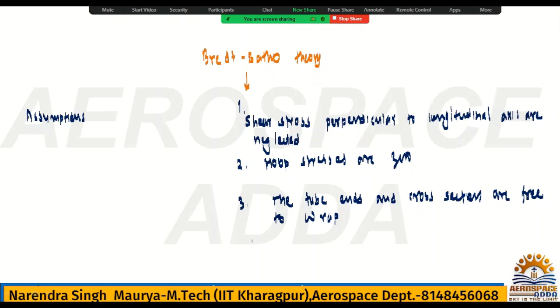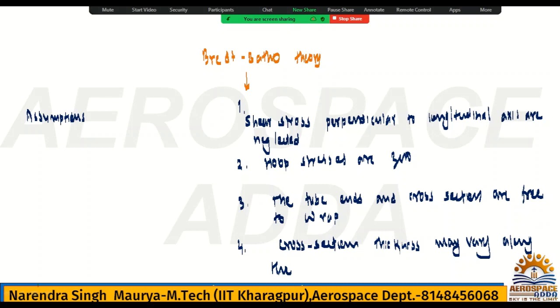And the last one is the cross section thickness may vary along the circumference, but is constant along the longitudinal axis.